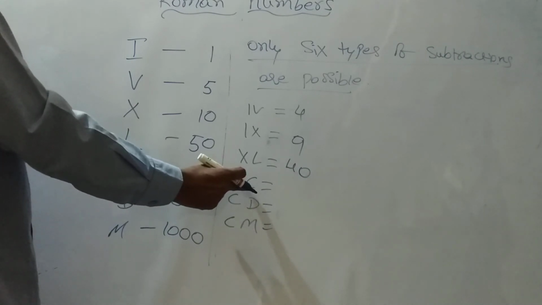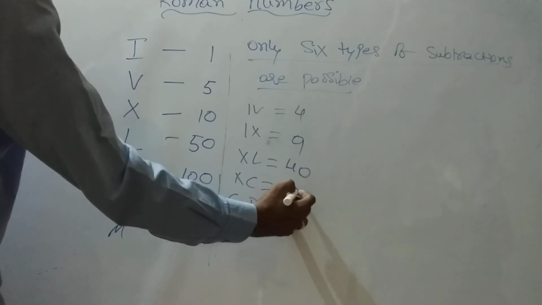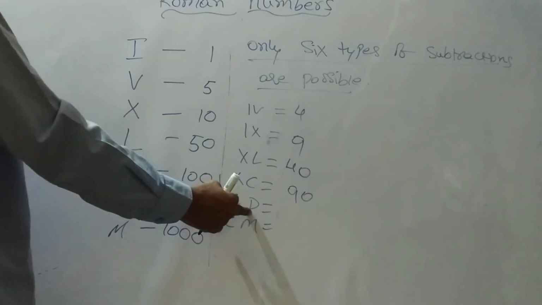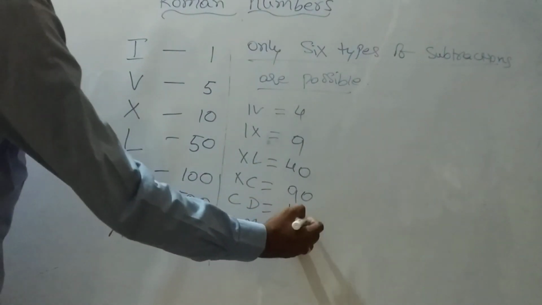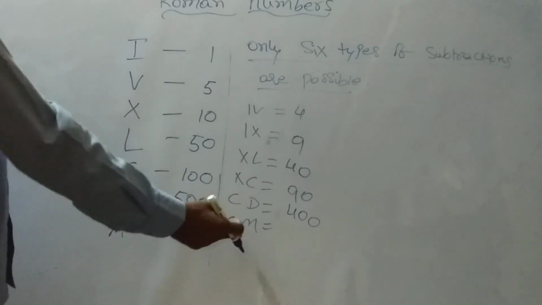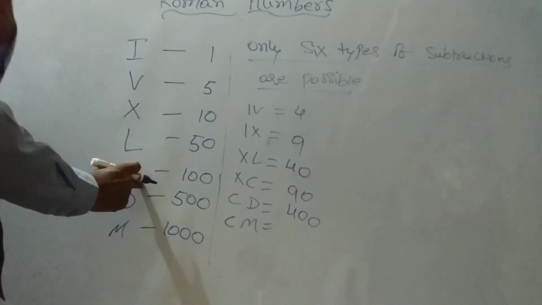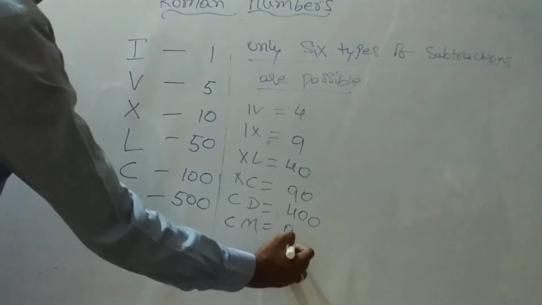XC, 100 minus 10, 90. CD, D is 500, C is 100, 500 minus 100, it is 400. CM, M is 1000, C is 100, that is 900.